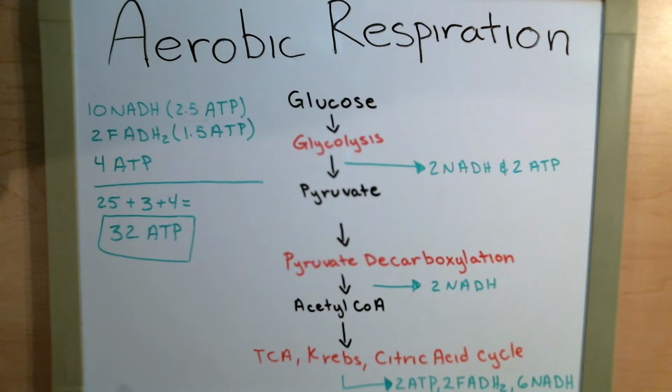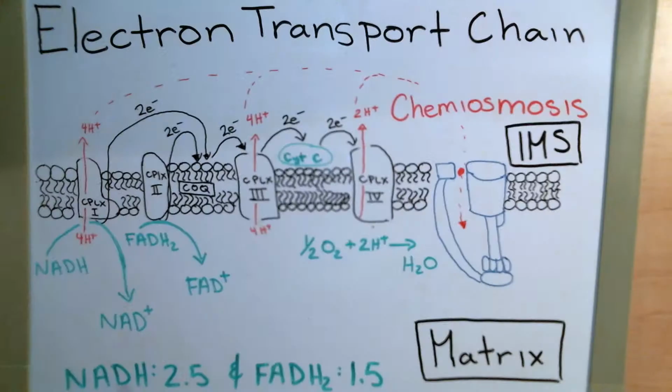So let's look at how the electron transport chain transfers energy from NADH and FADH2. As we take a closer look at the electron transport chain, we can see that there's a lot going on here. This illustration mostly just helps me to depict the point that NADH and FADH2 are generating a lot of ATP.